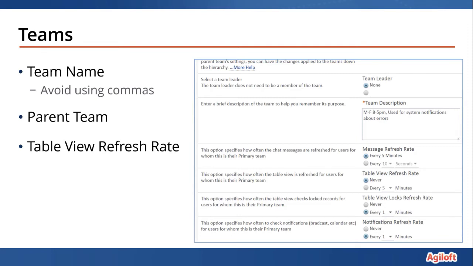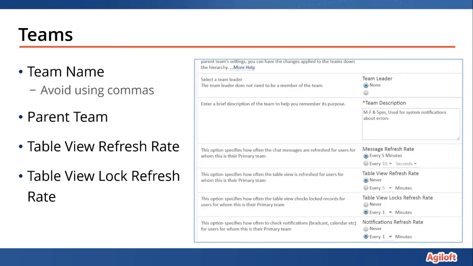Finally, the last thing we'll look at in this tab is the table view lock refresh rate. This determines how often the system looks at locked records to see if they're still in use. A record is locked when a user doesn't properly close out of the record by using the save or cancel buttons. This is in place to prevent simultaneous editing of records by multiple users, and this value selects how often the lock is reevaluated.